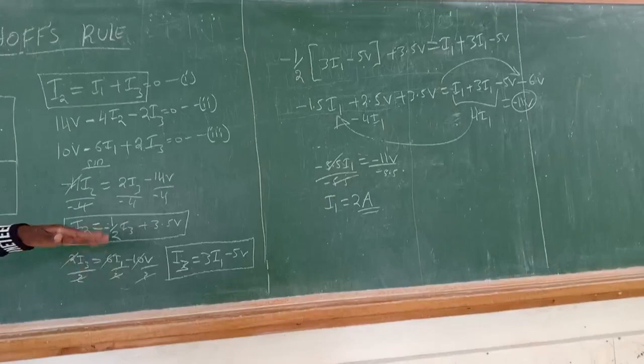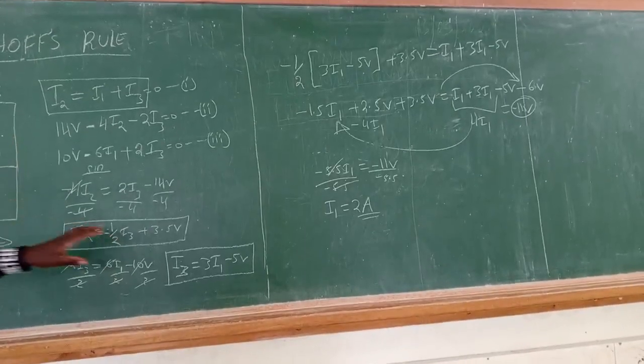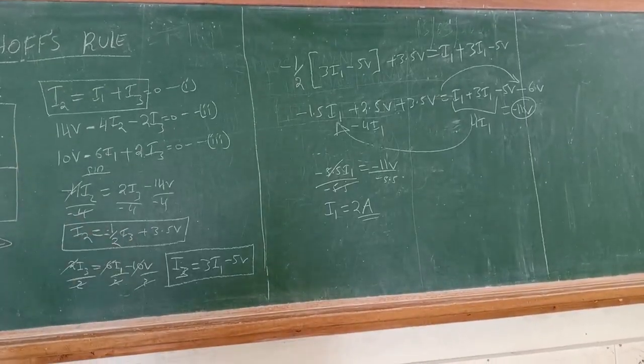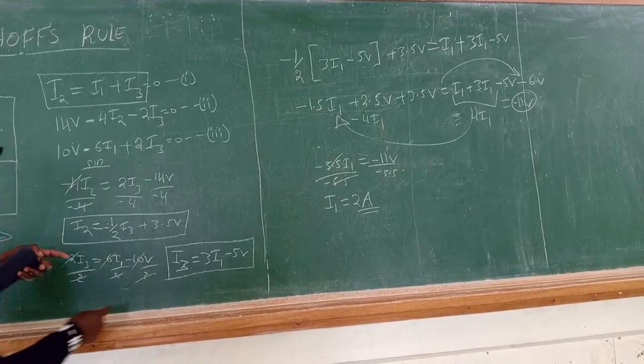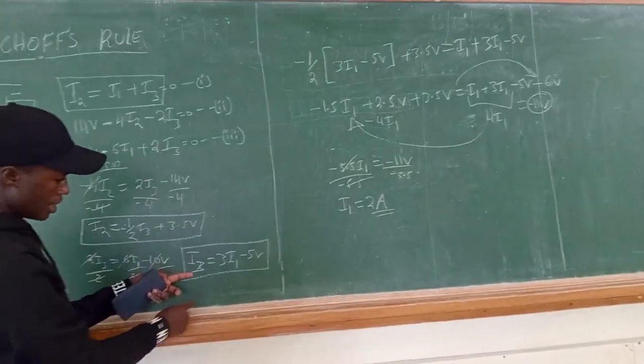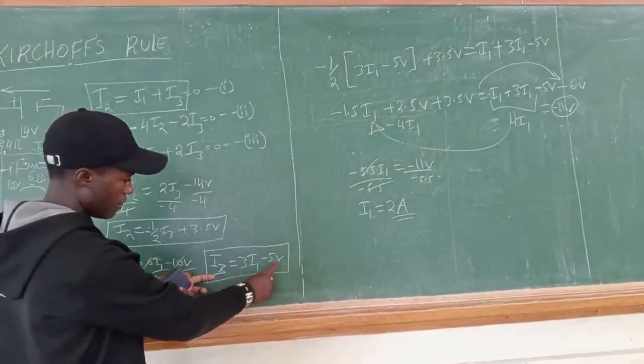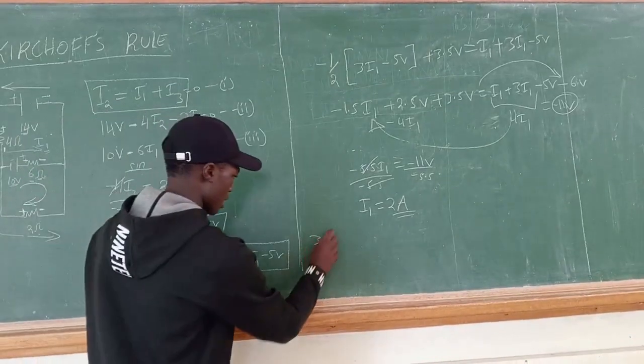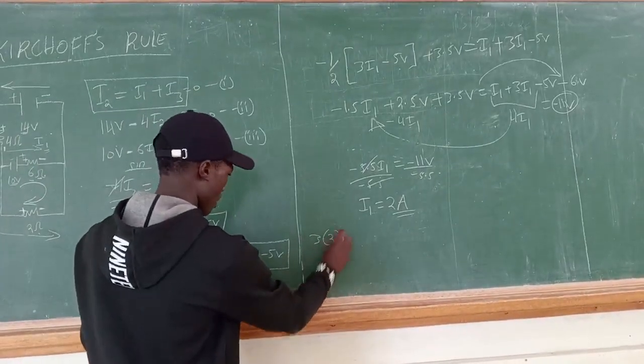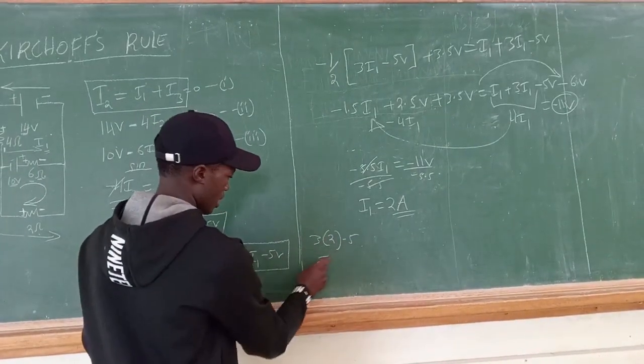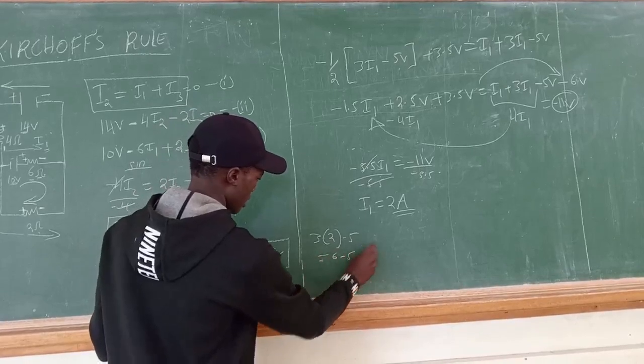So let us insert it in this equation and find all these other currents. So we have I3. I3 is 3I1 minus 5 volt. So 3 times I1, which is 2, minus 5. That is 6 minus 5. That is 1.